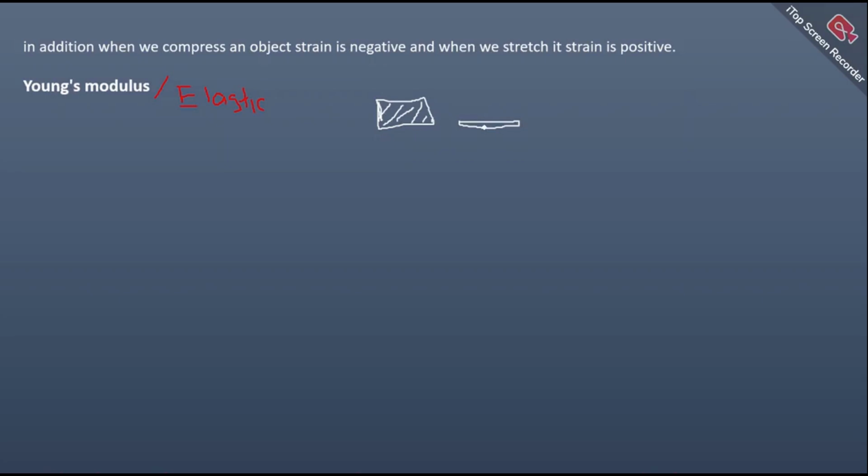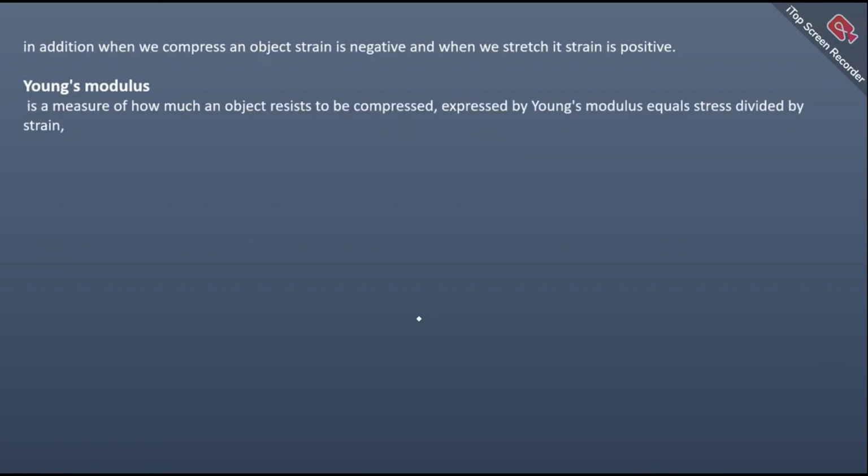This one is going to have a Young's modulus which is low compared to this one. That's what we're talking about. This is the measure of how much an object resists being compressed or stretched.